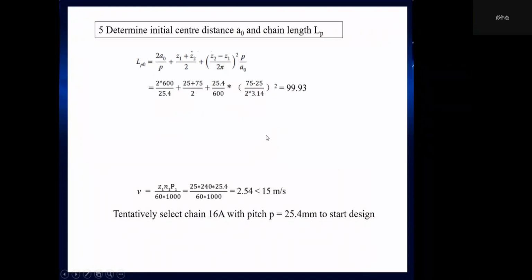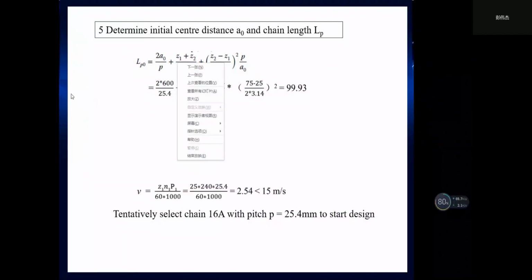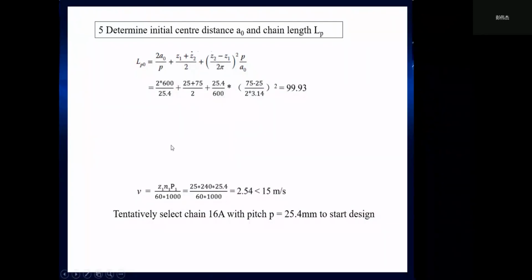And then determine the initial center distance A0 and chain length Lp. Lp0 can be calculated using this formula. We know that the center distance is 600, Z1 is 25, Z2 is 75, and P is 25.4.